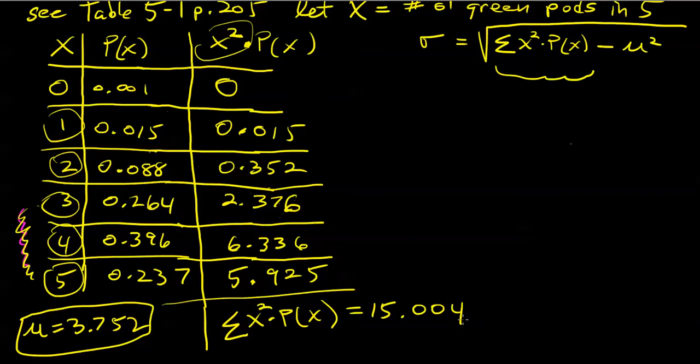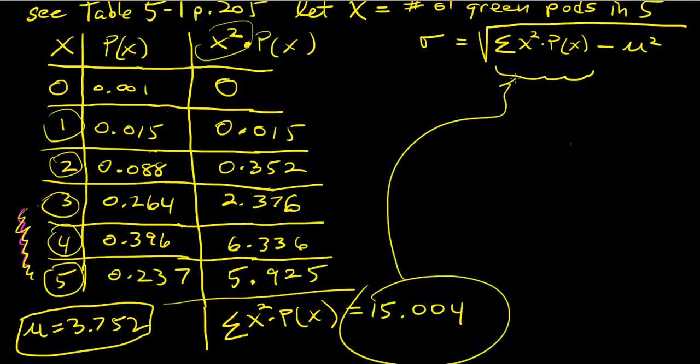Again, how far you want to round off is essentially your choice. I'm not going to insist on 10-digit accuracy on each and every calculation, of course. So this 15.004 goes here under that root sign in our sigma calculation.